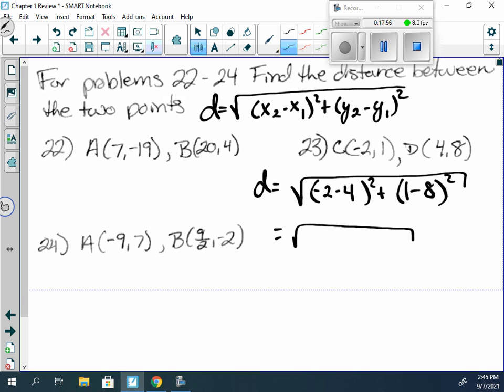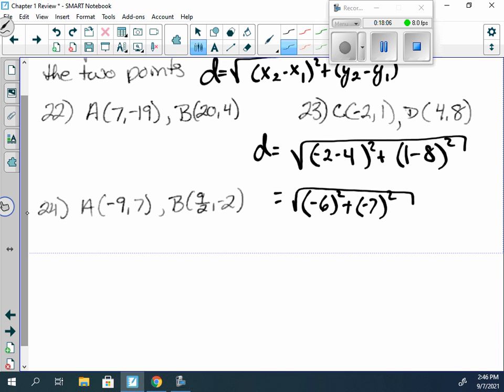Now if we do this by hand, negative 2 minus 4 would be negative 6 squared. Plus 1 minus 8 squared would be negative 7 squared. Now negative 6 squared would be positive 36. Negative 7 squared would be positive 49.